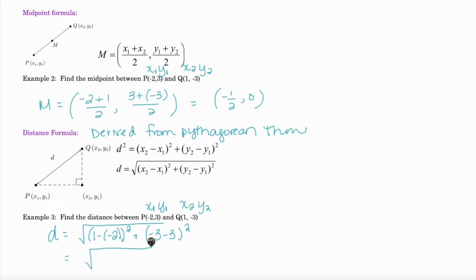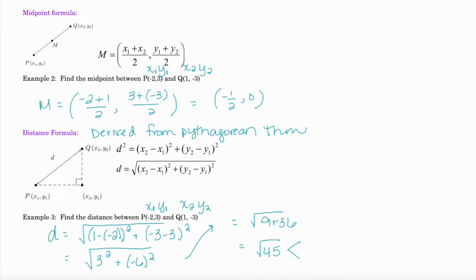Let's see here, this gives us 3 squared plus -6 squared, or 9 plus 36, the square root of 45, which is not a friendly number. However, we can reduce this.